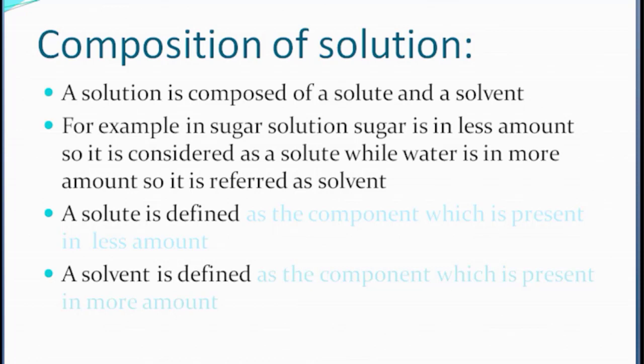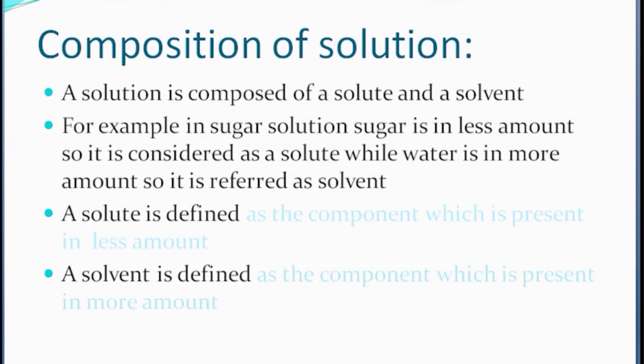Before explaining composition of a solution, I would like to give you an example of sugar solution. When we prepare a sugar solution, we dissolve some amount of sugar in water. Over here, sugar is in less amount while water is in more amount.